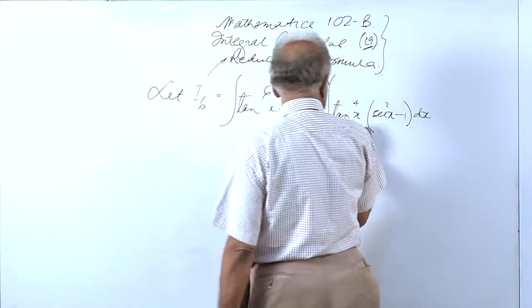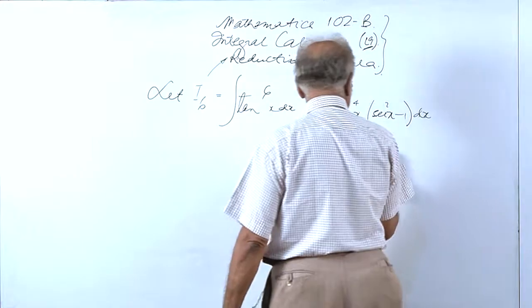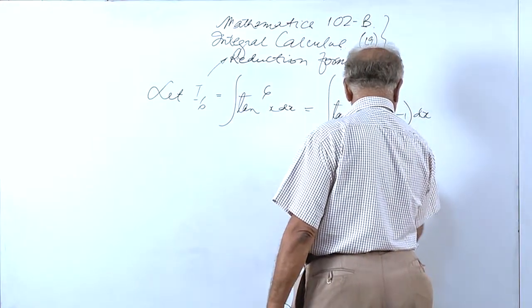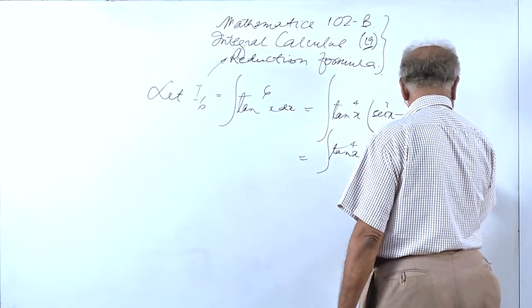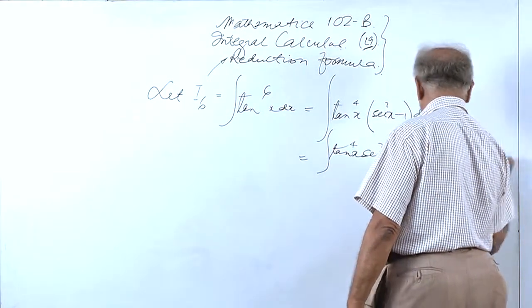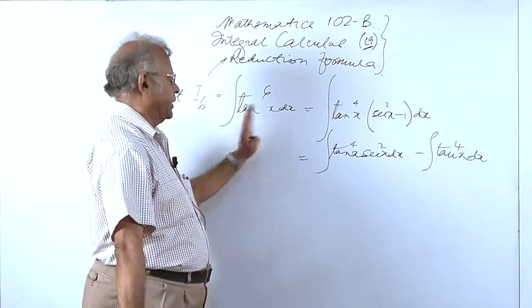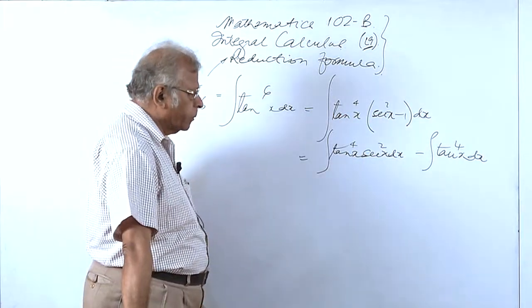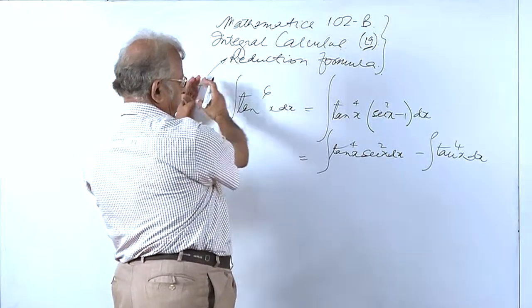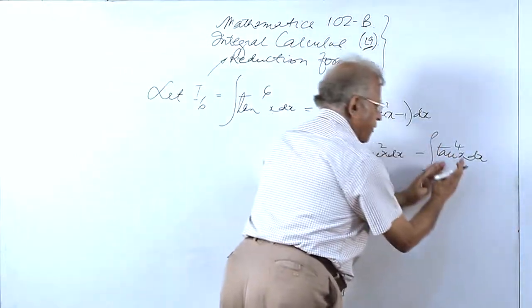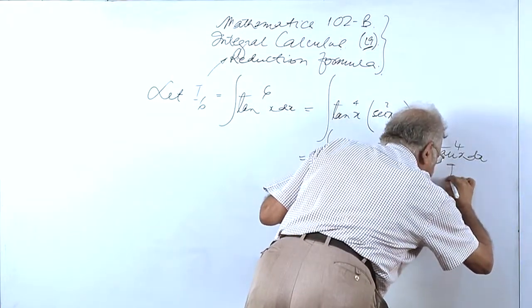This is tan to the power of 4x sec square x dx minus tan to the power of 4x dx. Now we see that this is a very, very simple reduction, and I6 can be made to depend somehow on I4. By the same terminology, we can denote this as I sub 4.